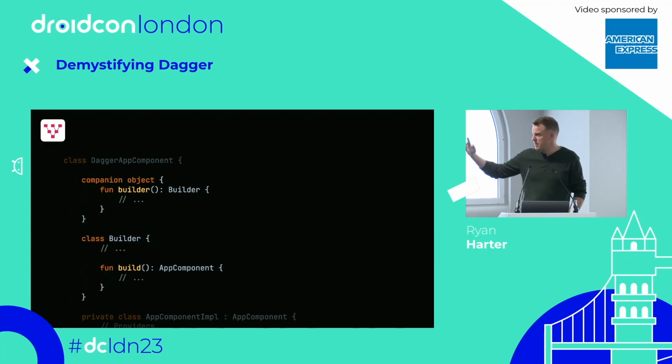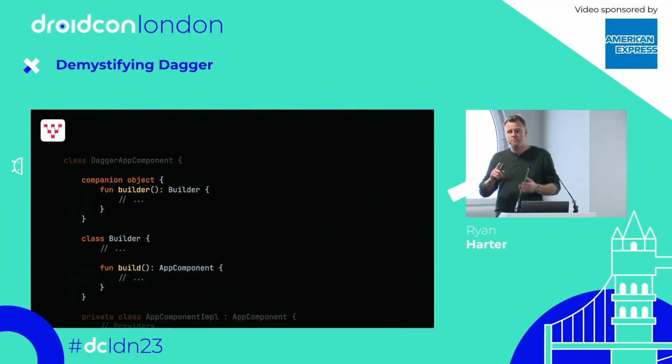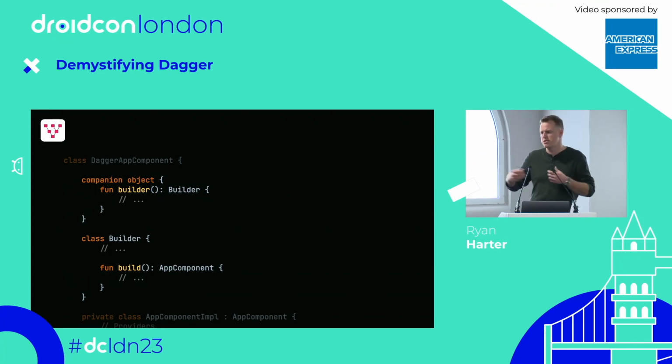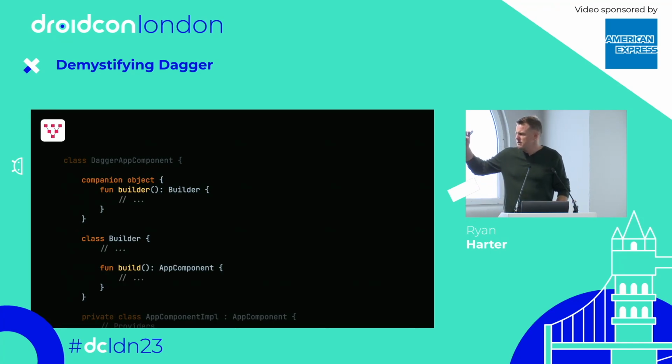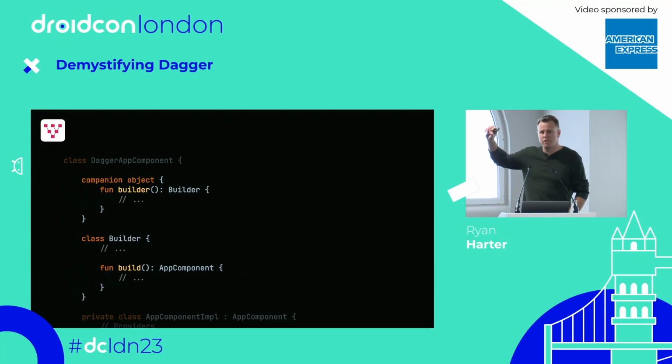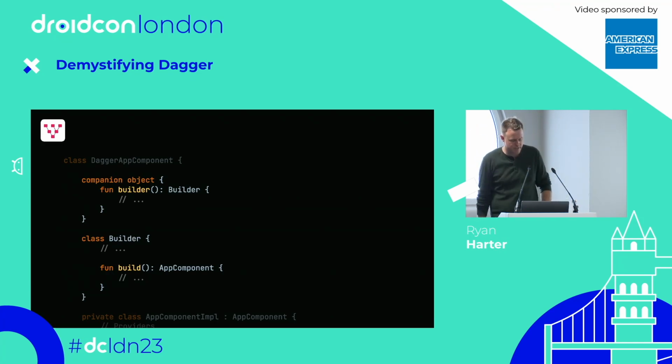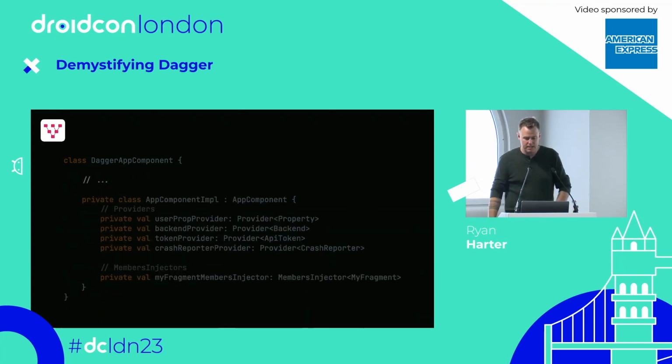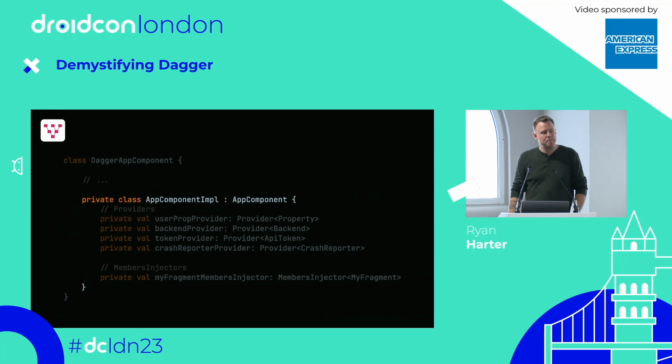It has within it, and we're just going to gloss over it, some builder stuff, which is how, as I mentioned, if you have modules that have requirements for their constructor, you have to create them. The builder is how you would supply those to Dagger. If they have no-arg constructors, you don't have to worry about it. But that's just a way from the Dagger app component for you to get the actual implementation of your app component.